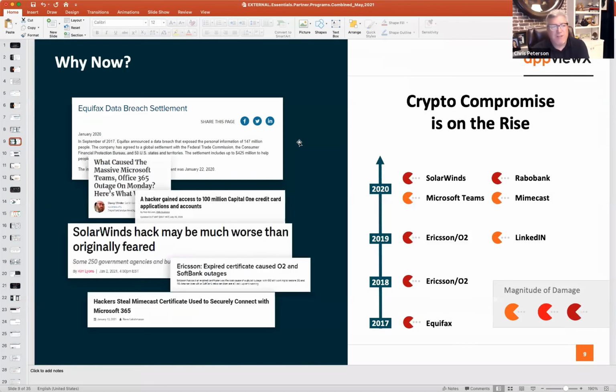So why now? I'll spend just a brief minute on these two slides, but crypto compromise is definitely on the rise, and we see a lot of need for customers to begin managing their keys and their certificates in one easy-to-use automated tool in a single pane of glass.